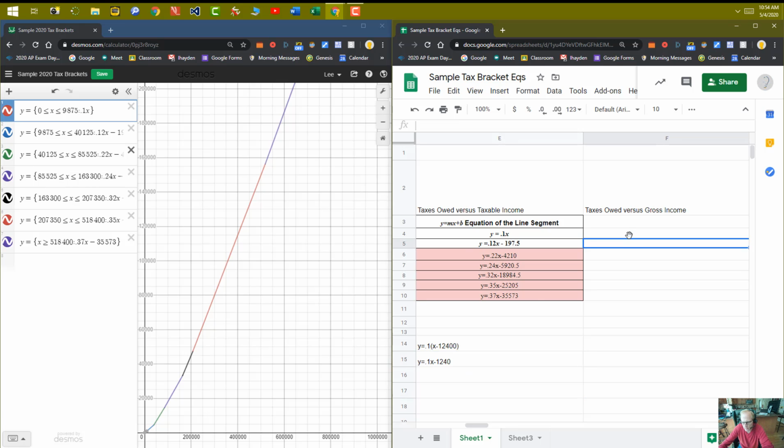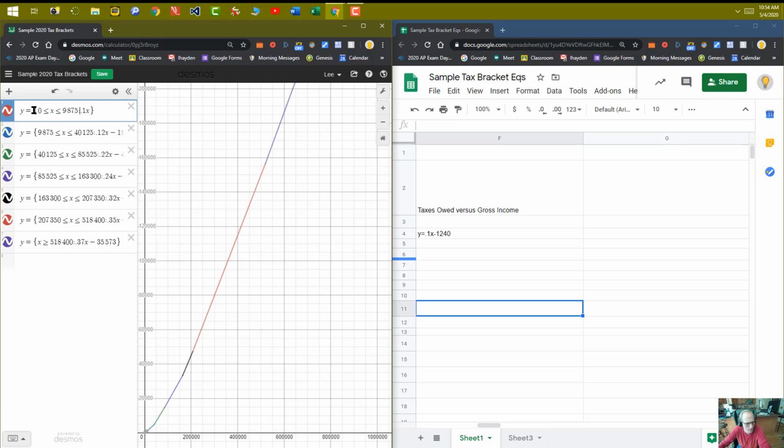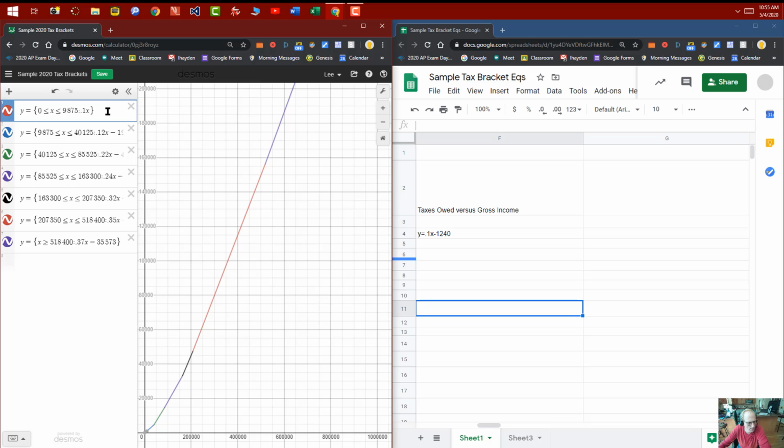Okay, so that's going to be my equation of taxes owed versus gross income. So now I have a new equation, and I'm going to adjust the equation over in Desmos.